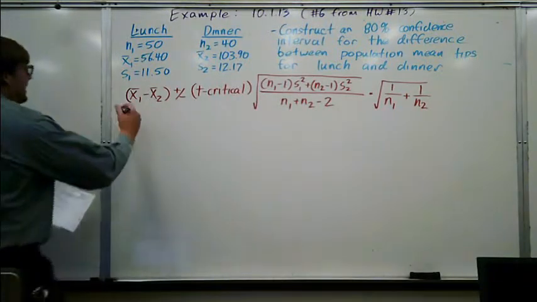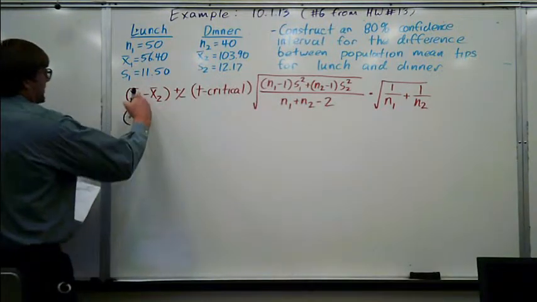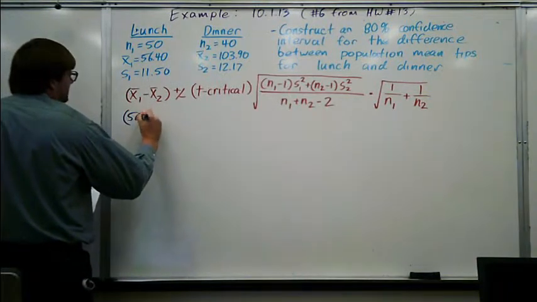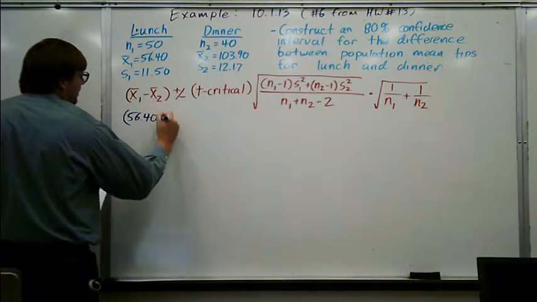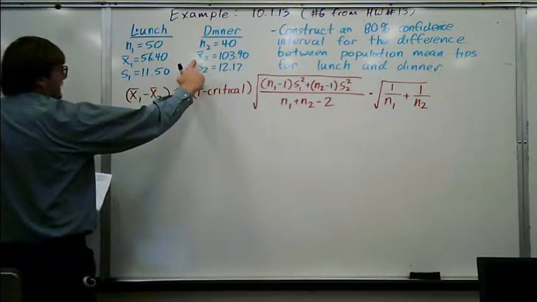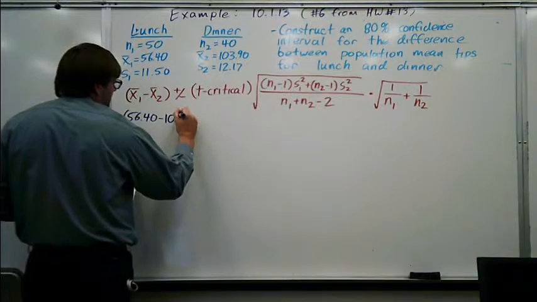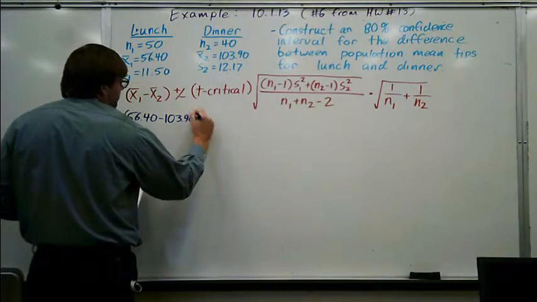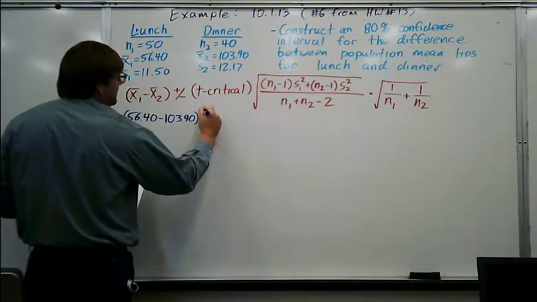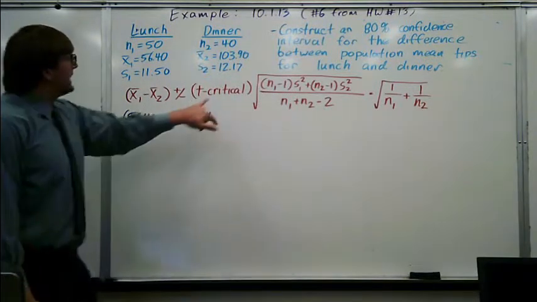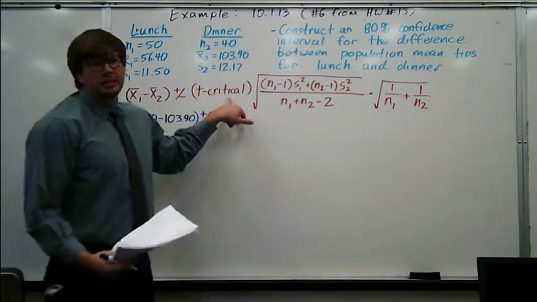Of course, sample mean 1 is 56.40. From that, we want to subtract out sample mean 2, 103.90. From the formula, that's going to be plus or minus. Next thing we need to do is come up with our t critical value.